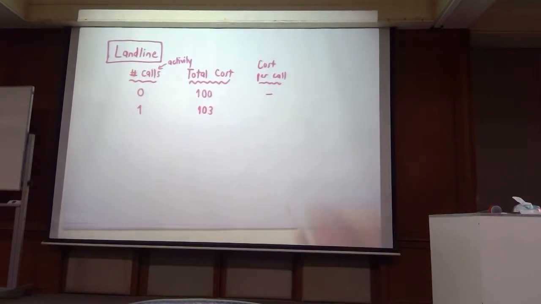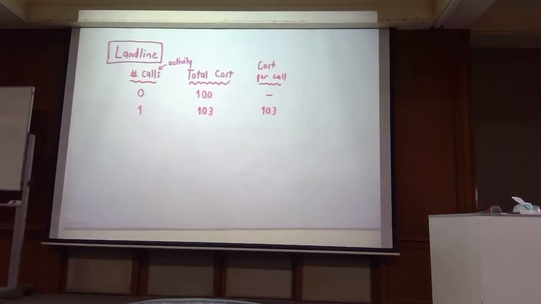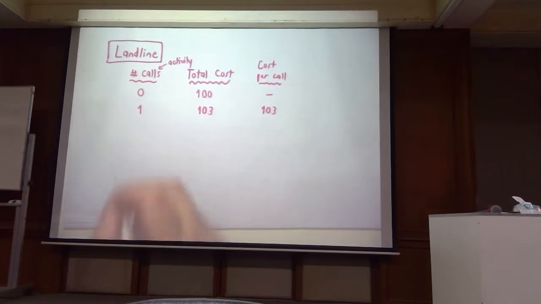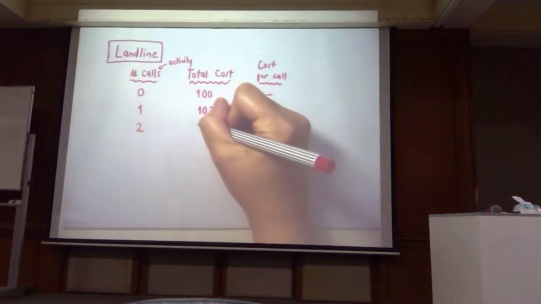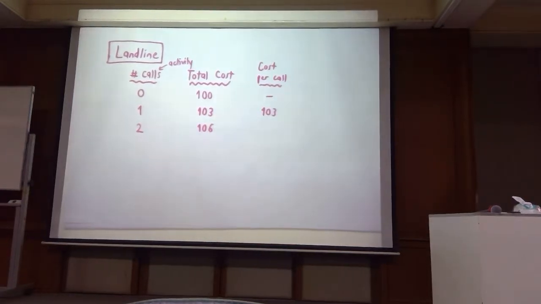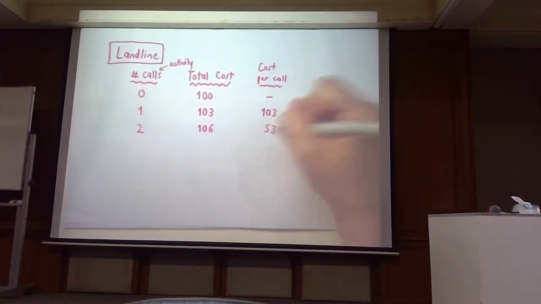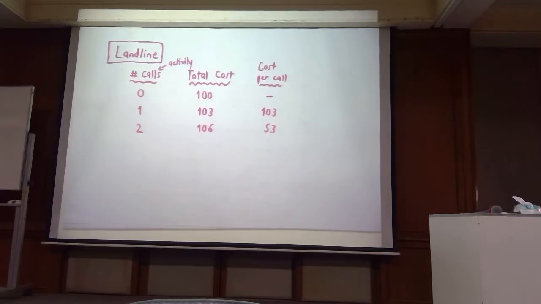So the cost per call is going to be 103. Okay, very expensive, right? Only one call and it costs you 103 baht. And how about you make two calls? It's going to be 106, right? And cost per call will reduce to 53 baht.